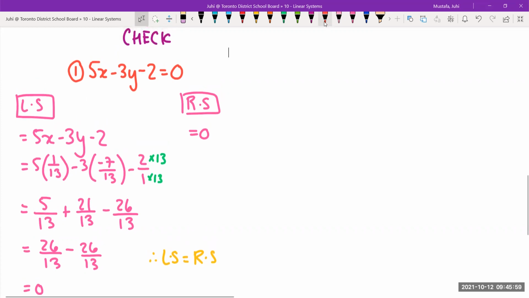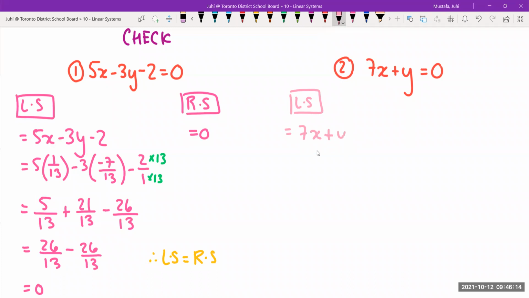And then we will go ahead and do equation number 2 as well, which is, oh, this one's a lot easier. It's 7x plus y is equal to 0. So the left side of my equation is 7x plus y, which is going to be 7 times x is 1 over 13 plus y is negative 7 over 13.